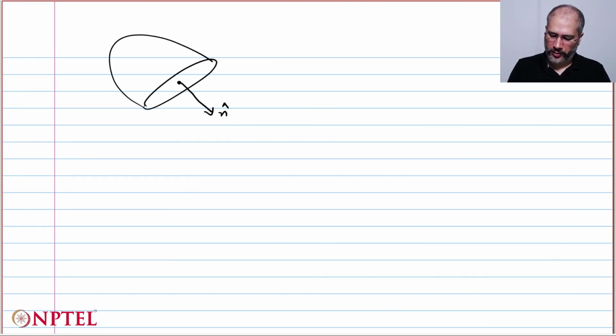So in case of stresses, we had a cutting plane which was designated by a normal n hat, and on this plane we had traction Tn hat, which was decomposed into a component along n hat, which we called sigma n, and a component perpendicular to n hat in the plane formed by n hat and Tn hat, and this was called sigma s.